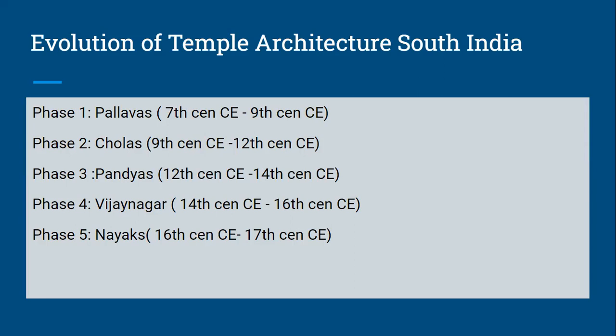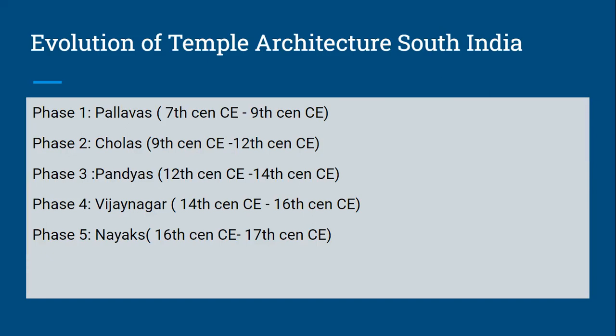So the first question here can be, trace the evolution of temple architecture in South India, where you need to elaborate these 5 phases. And the second aspect: usually in mains we find specific questions on Pallavas. There can be a completely separate 10 or 15 marks question on Pallava temple architecture.